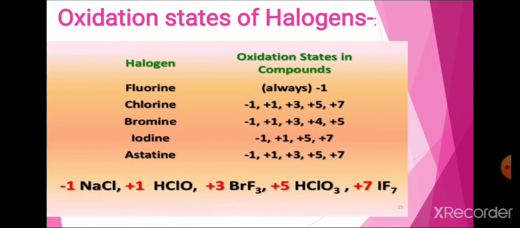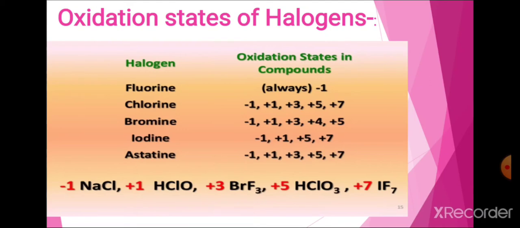They attain noble gas electronic configuration either by gaining one electron or by losing this one electron, forming E-1 ion or covalent bond. Here fluorine, the first member of this group, shows always -1 oxidation state because it doesn't have d orbital in valence shell and therefore it cannot expand its octet.